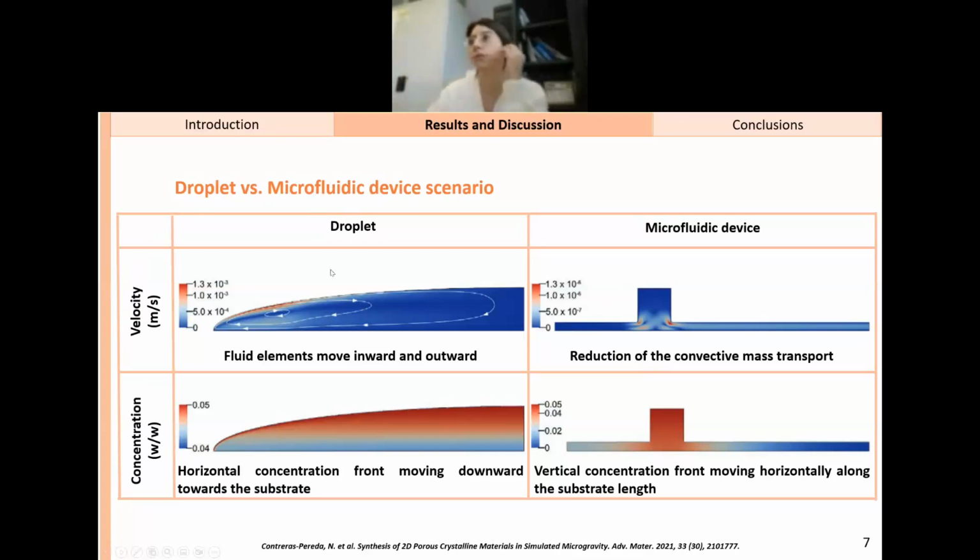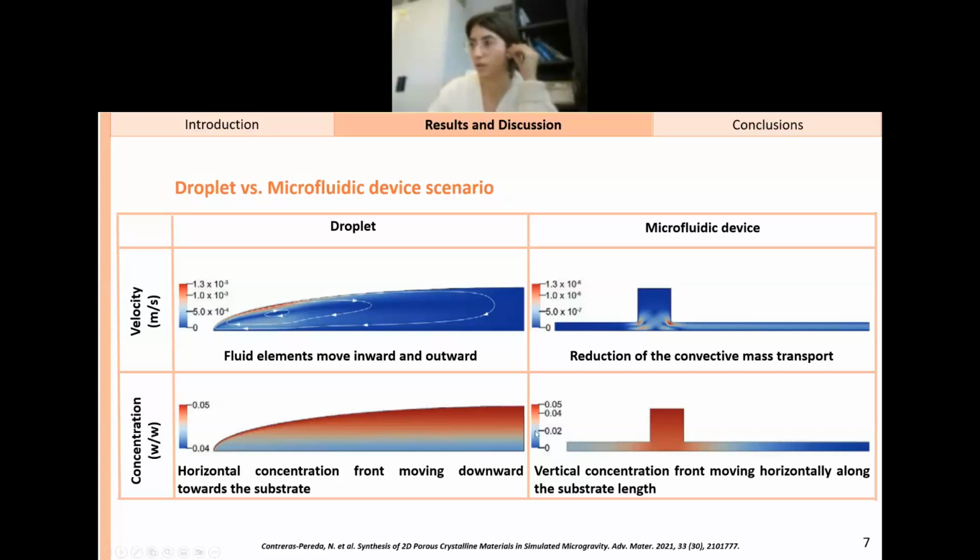So what they did here was to check what happens in the droplet regarding the velocity and concentration. So in the droplet, we have convection. So the fluid elements move inward in the upper surface, but outward near the substrate. You have to imagine that there's a substrate here. And regarding the concentrations, you see that the less dense solute accumulates in the upper part of the droplet and the denser solute in the bottom part.